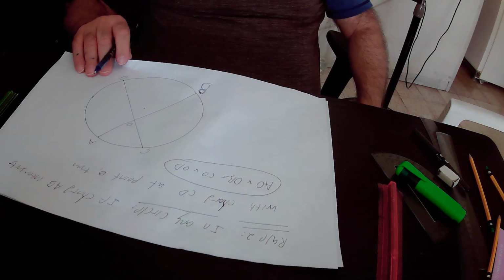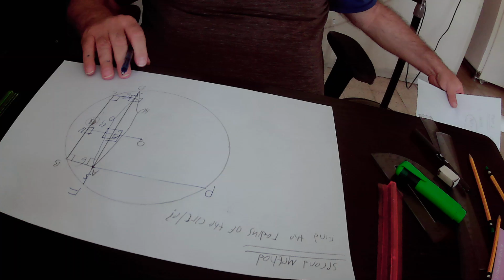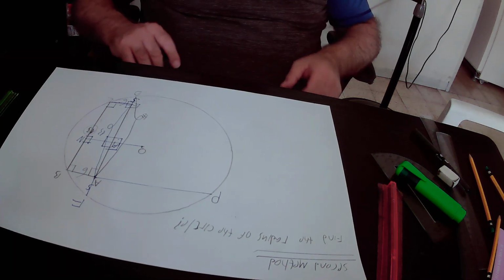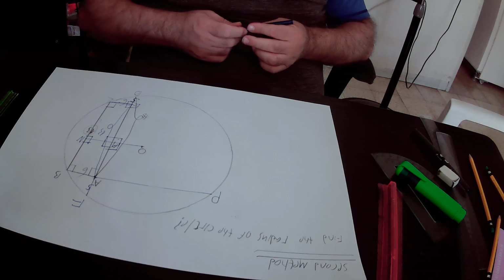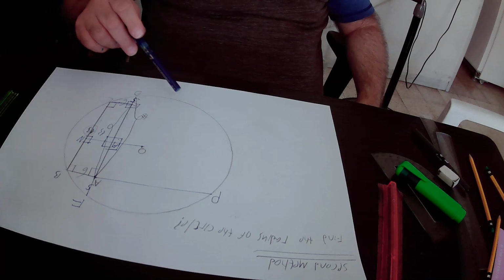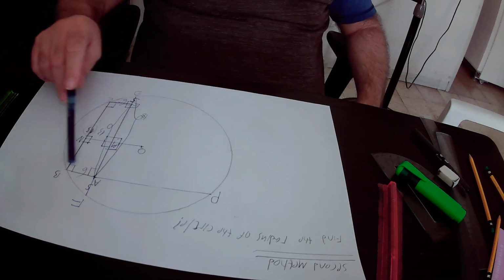We actually can implement the old rule, rule number 2, in our drawing. Why? Because in our drawing we have chord FD. This is chord FD, it intersects with chord PB. This is chord PB.